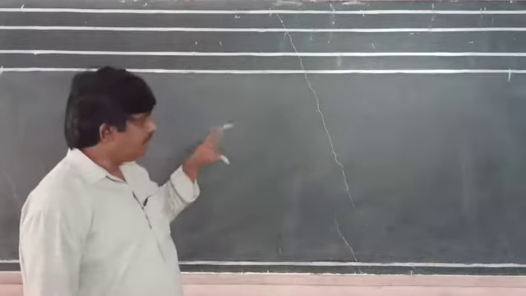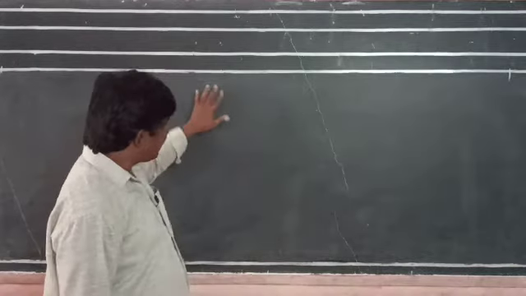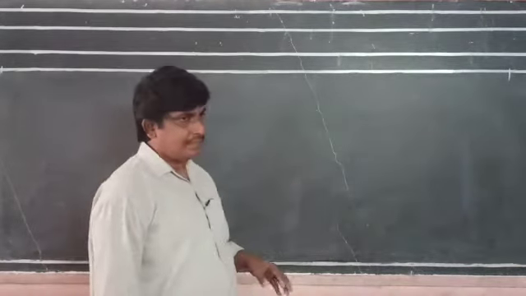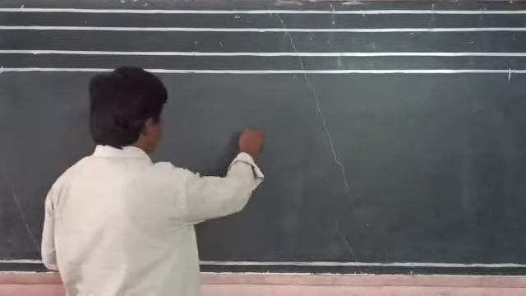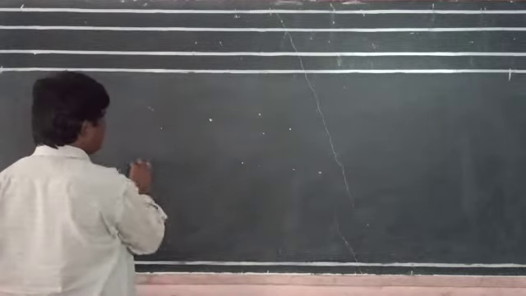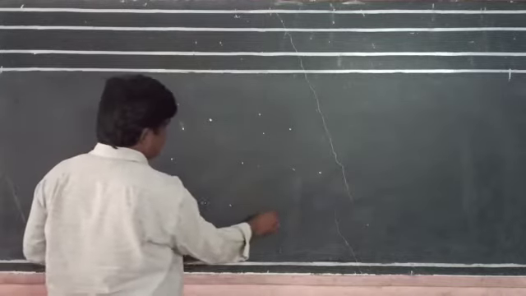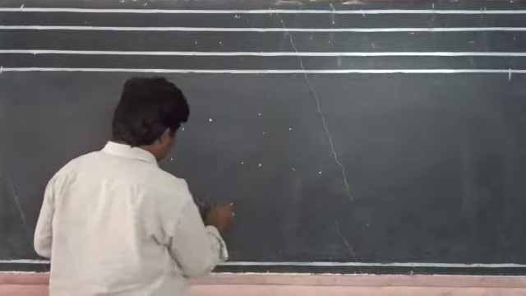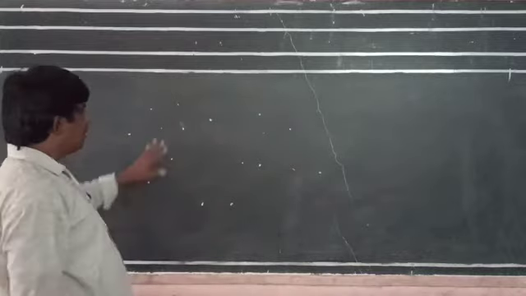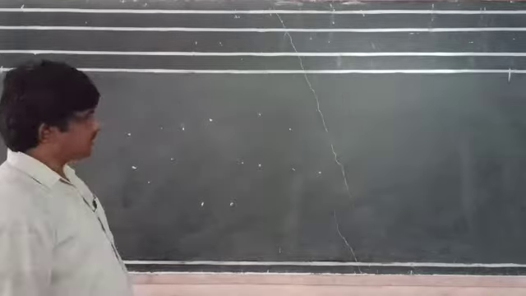So how can we address those infinite points? Suppose I am taking some points on the plane, that means out of infinite points, I am taking particular points. Whatever I have dotted here on the plane, I need these points' addresses.